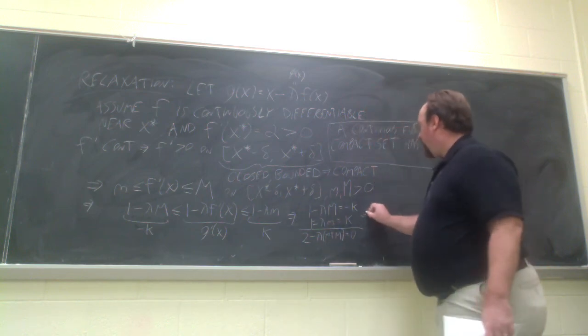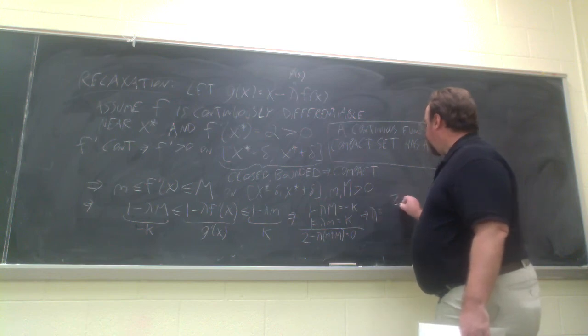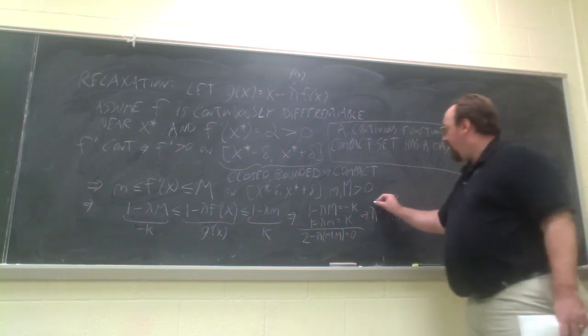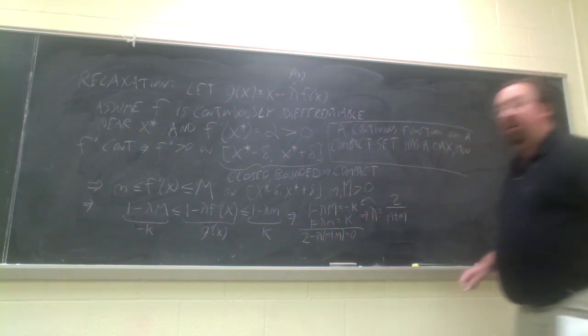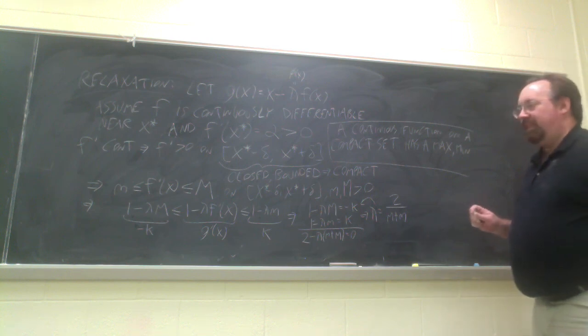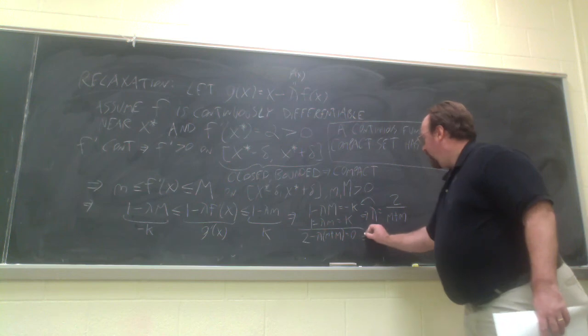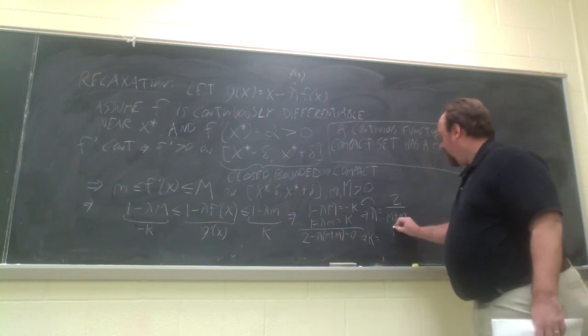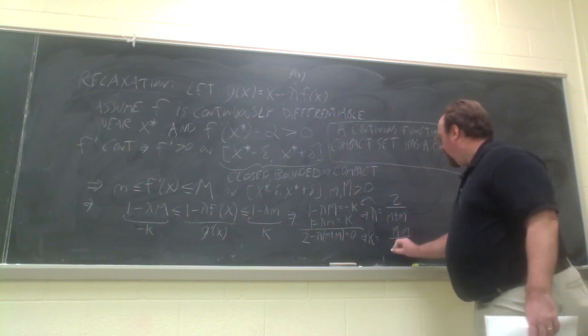That gives away what lambda is: lambda is equal to 2 over little m plus big M. If we plug this value of lambda in here, I won't work through the algebra. You ought to be able to handle that. This is a 400 level math class. We can actually get an expression for k: it's big M minus little m over big M plus little m.